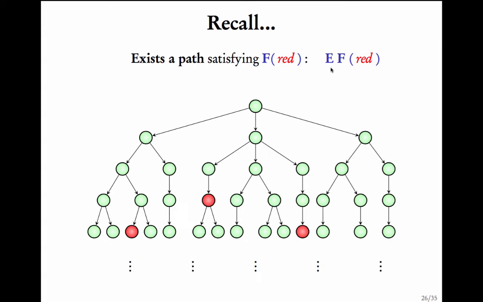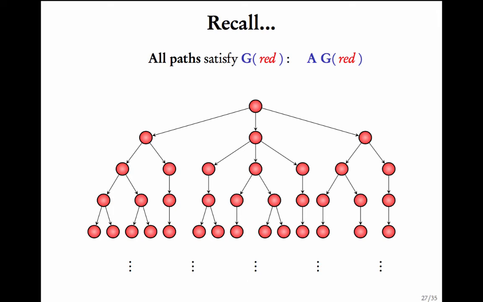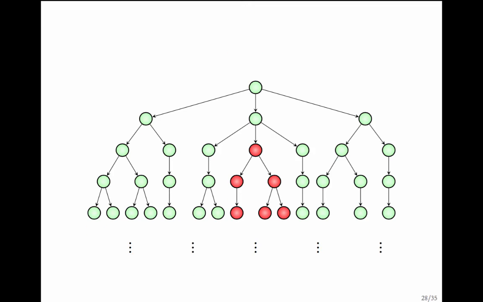So recall, E F red is there exists a path where F red is true, and A G red is all paths satisfy G red. Now look at this tree. This subtree satisfies G red, and there exists a path to the root of this subtree.